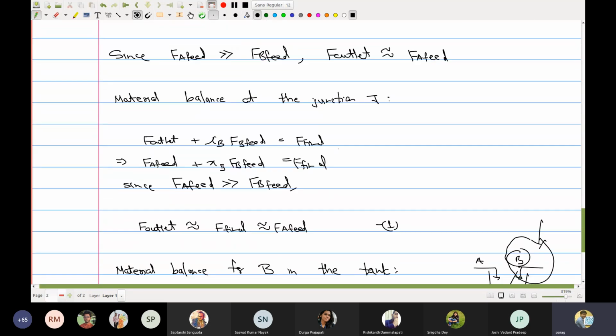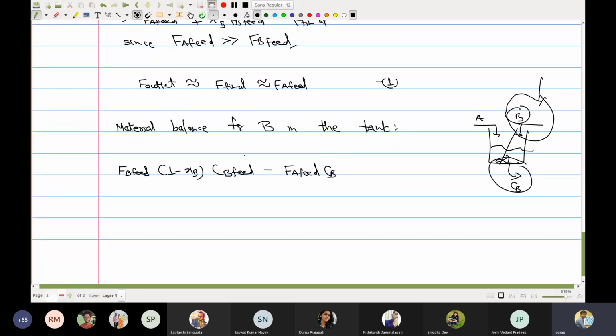It can be CB, it can be CB outlet. And this is equal to the volume of the tank times dCB by dt. Okay, so this would be the balance for the component B in the tank. So let me rearrange this equation to put it in some kind of standard form.